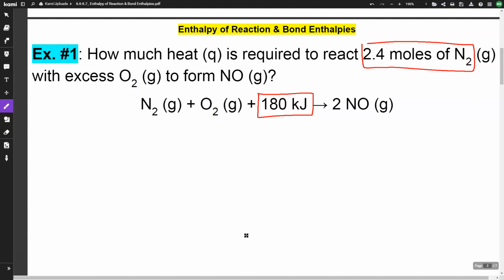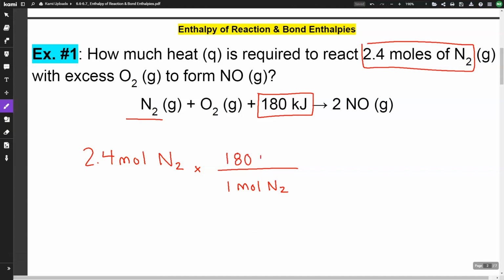So we have 2.4 moles of nitrogen, and in the reaction we have 1 mole of nitrogen, and each mole of nitrogen is going to need 180 kilojoules for the reaction.